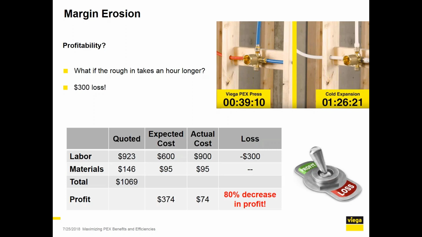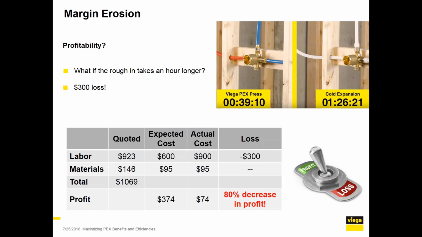One way to do this is to be really careful about the fitting system you select. Viega systems are designed to be installation efficient and very consistent every single time. So you'll see here a time study that was done between Viega PureFlow Press and cold expansion.